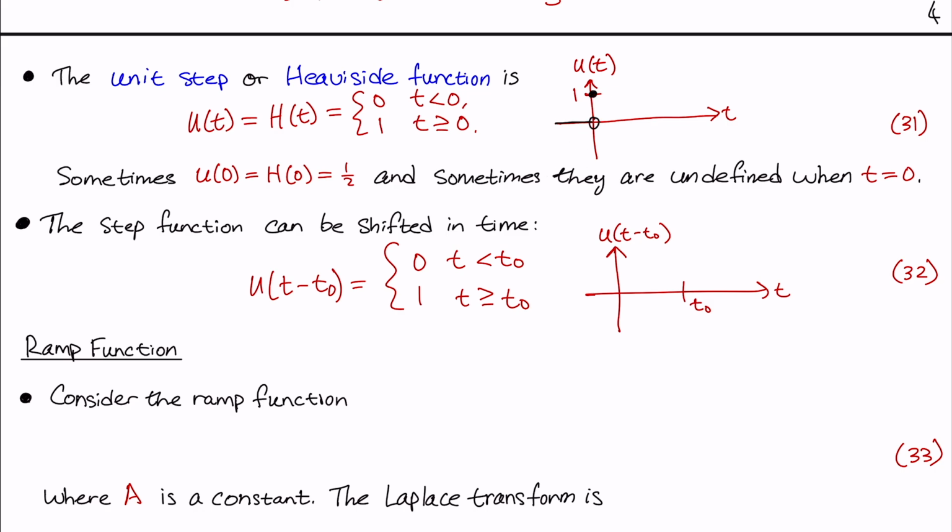So the unit step is 0 for t less than 0, 1 for t greater than 0. When we shift it in time, it's going to be 0 up until that shifted time. And then after that shifted time, it's going to be 1 for all time.